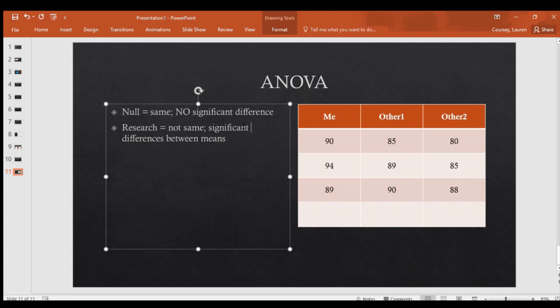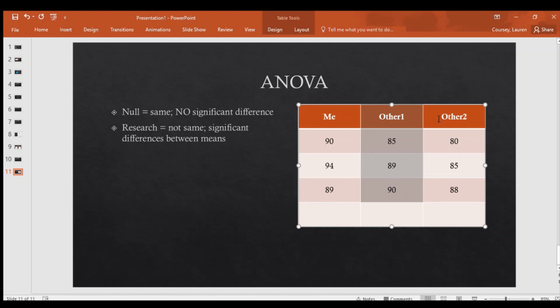And here we're saying that yes, there are significant differences between the means. So each of these instructors may represent different populations, or at least one of these groups is drawn from a different population than at least one of the other groups.